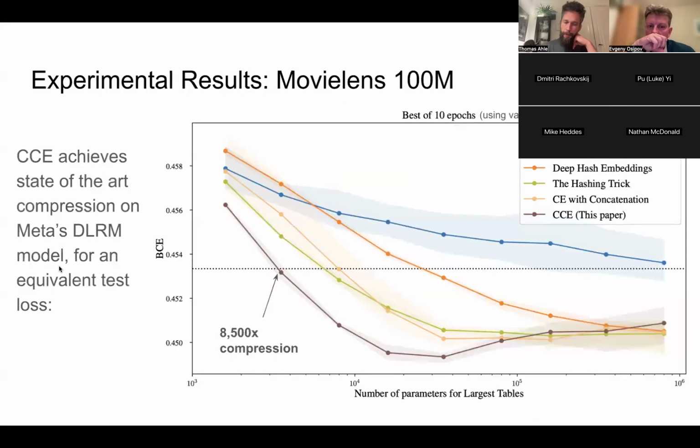In the more empirical case, you saw we had this effect that it's actually not completely monotone. There is an optimal value for K here, at least in the types of models that we were doing this on, because if you allowed the embedding table too many degrees of freedom, you would end up getting an overfitting problem. So here we used a validation set.